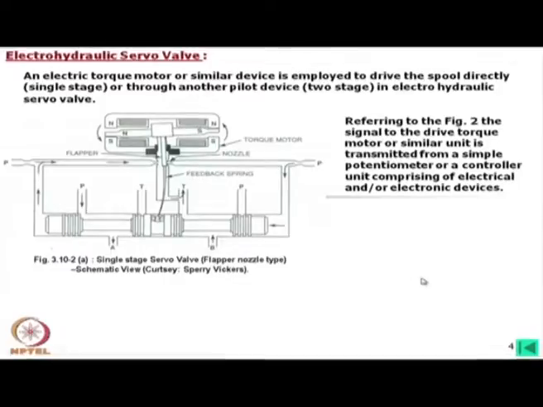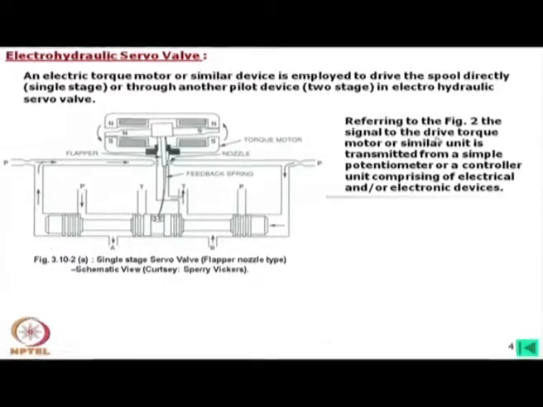That means we may not use a sensor there; it is automatically controlled for a given control. Suppose we can calculate that this much input will fulfill the requirements, then we can give only that much input to the system and it will be automatically controlled by this inner feedback system.